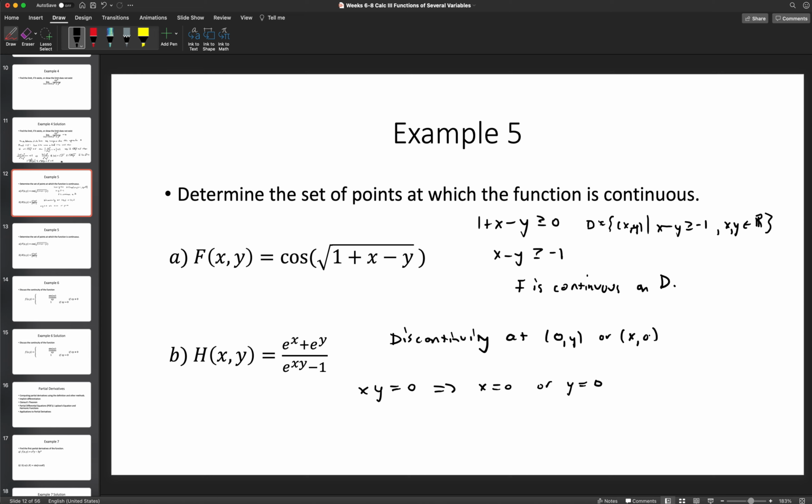In particular, one discontinuity would be at 0, 0, right?